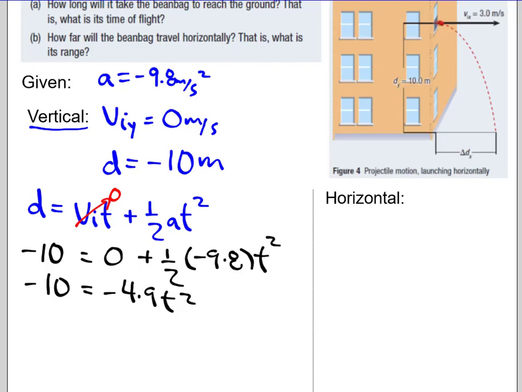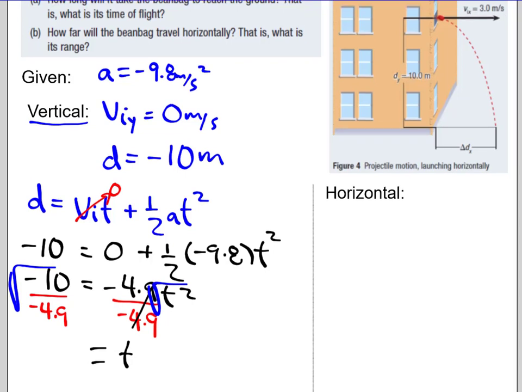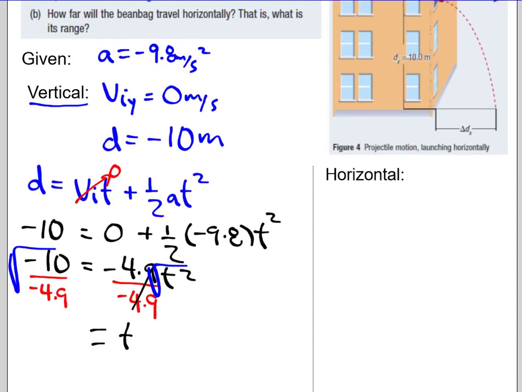Divide both sides by negative 4.9 and then square root. So those cancel, and then we can square root both sides. I'll need my calculator. Better scroll that up so we can see. So now we have 10 divided by 4.9 equals, square root the answer, and we have 1.43. So the flight time is 1.43 seconds.